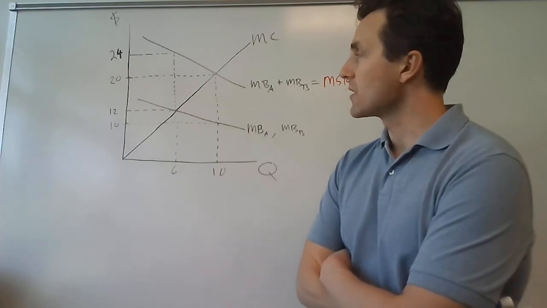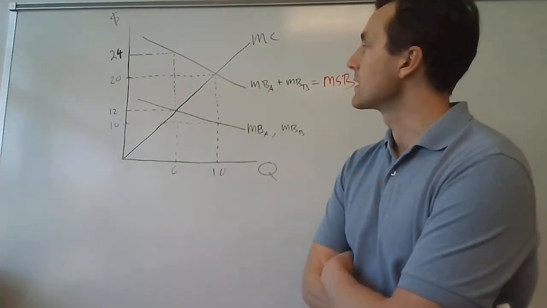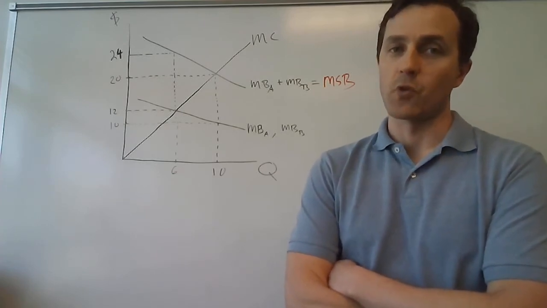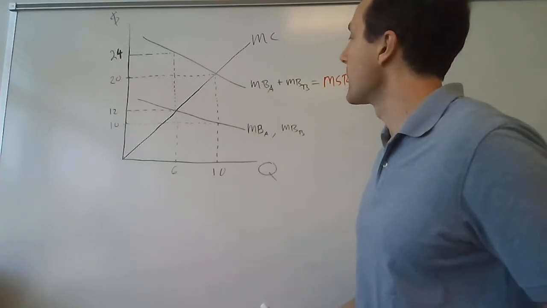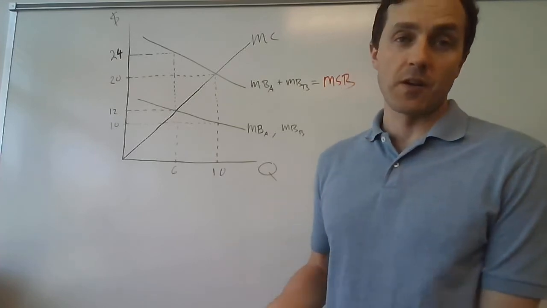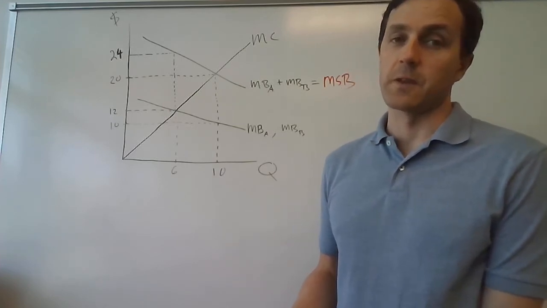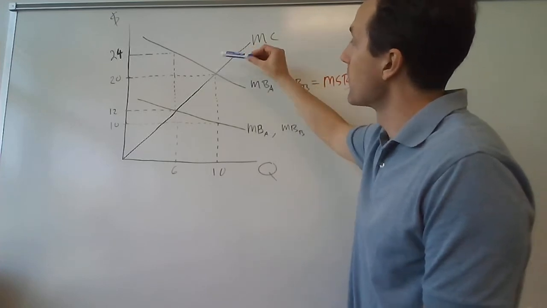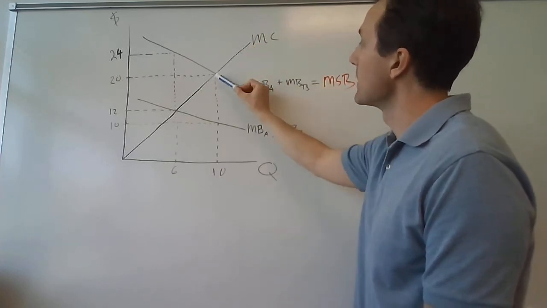From here, just looking at this graph, it's pretty straightforward to see what the socially optimal quantity of the public good is. The socially optimal quantity is where the marginal cost and the marginal social benefit meet.